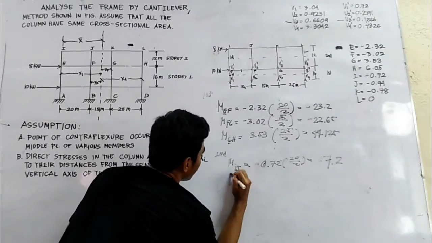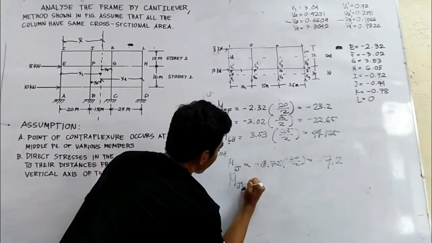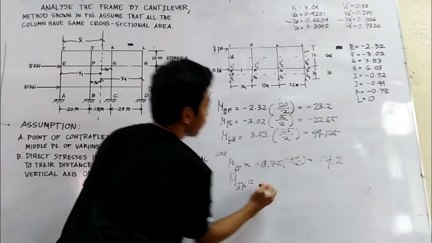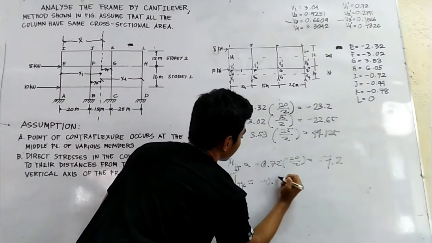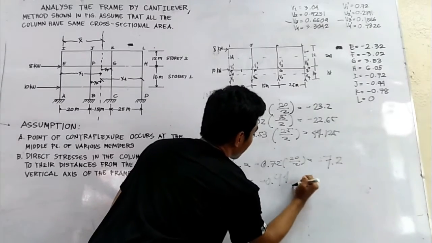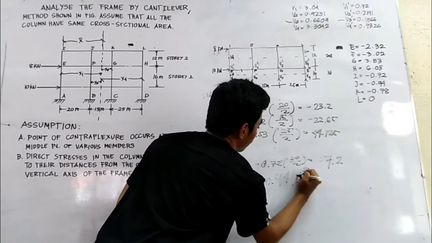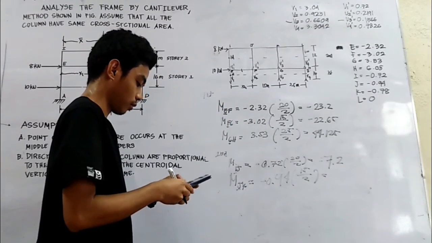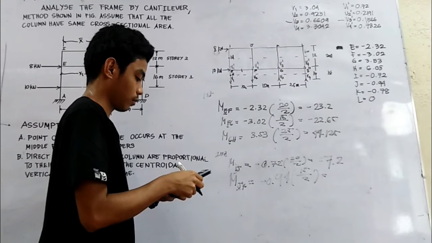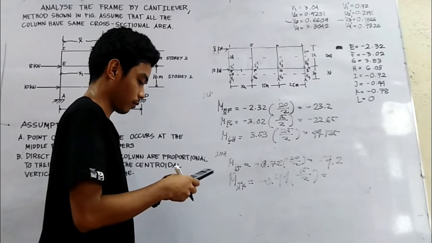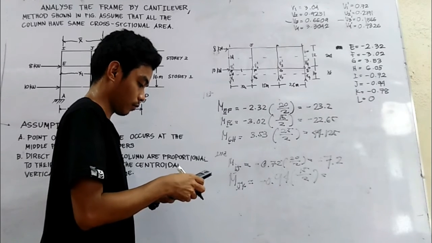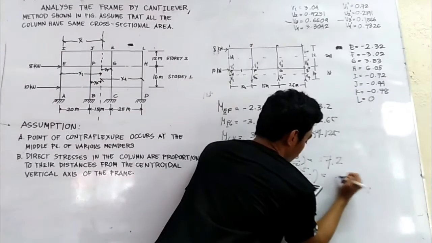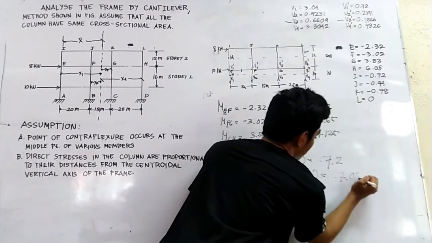Then next, moment in member JK is equal to value ng point J, negative 0.94 times yung span na 15 divided by 2 is equal to negative 7.05.